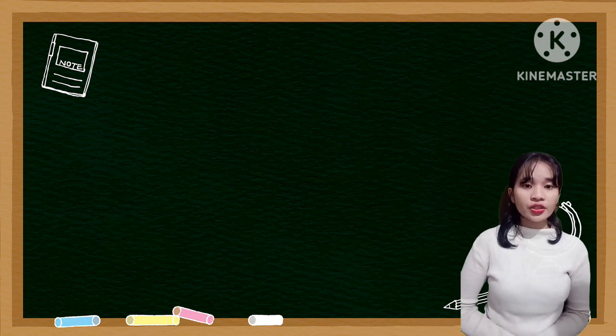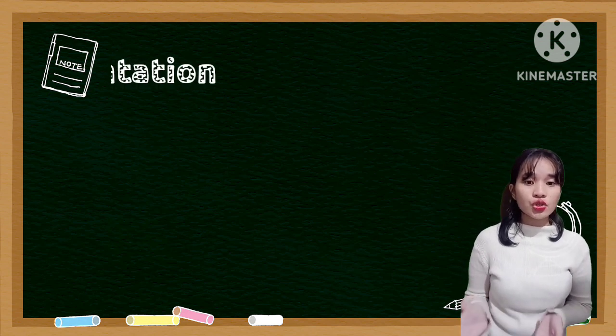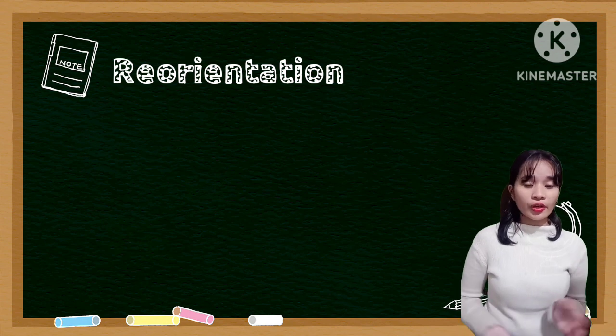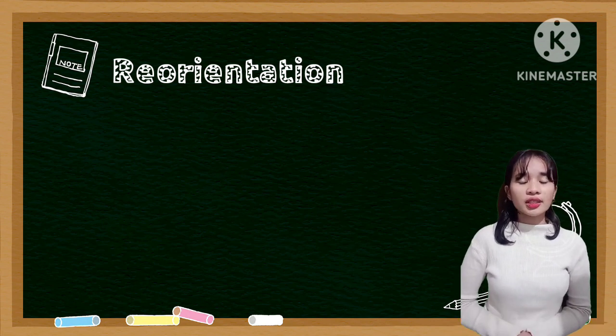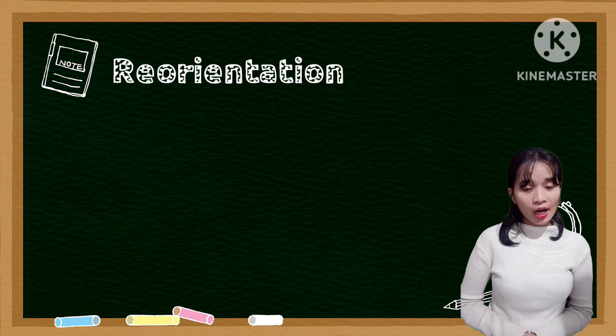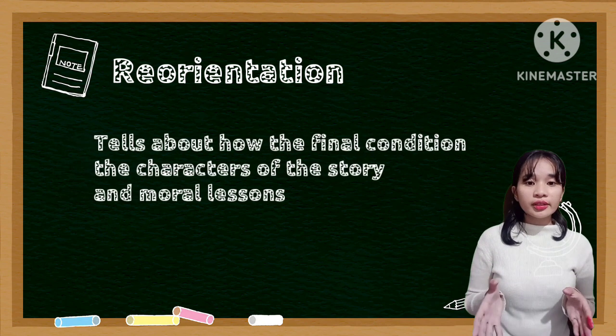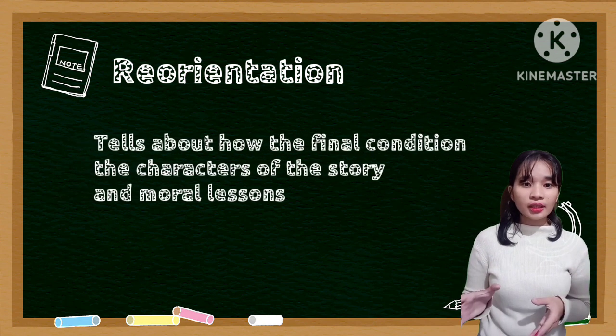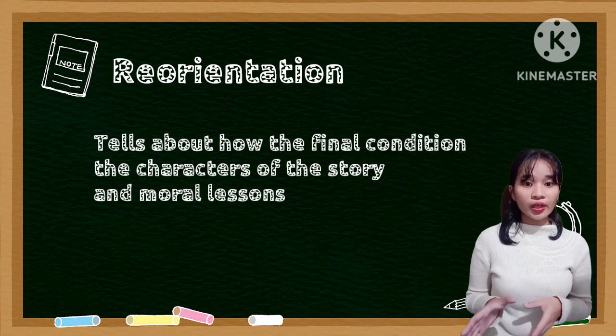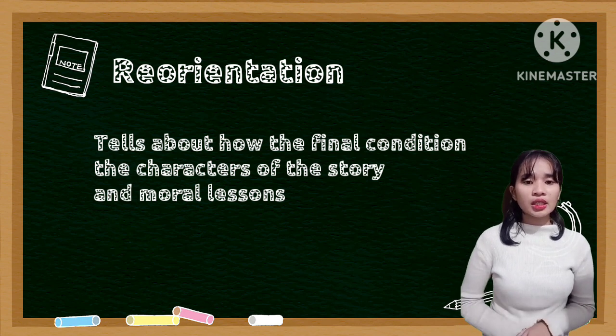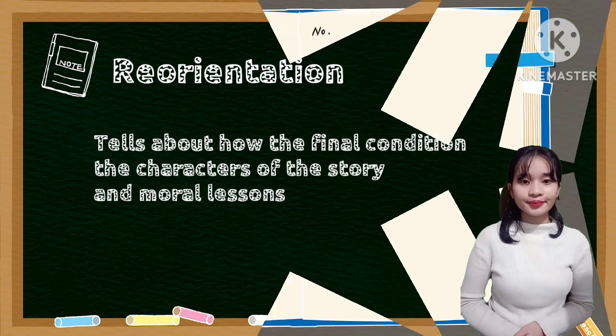Alright, the last one of the generic structure is reorientation. So, what are the contents of reorientation? Reorientation contains the final result for the characters in the story, or it can also contain the moral message of the story.